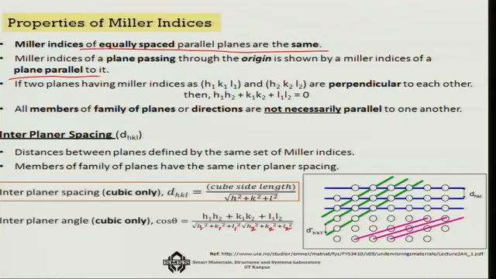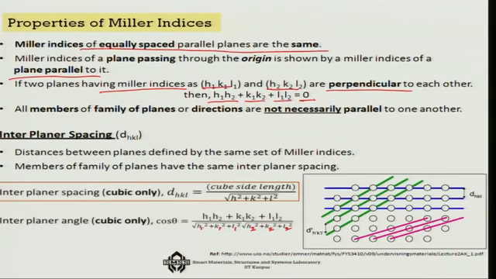If two planes having Miller indices H1 K1 L1 and H2 K2 L2 are claimed to be perpendicular to each other, that means their dot product H1 H2 plus K1 K2 plus L1 L2 is equal to 0. So, that is one condition of two perpendicular planes that you can say from the Miller indices.